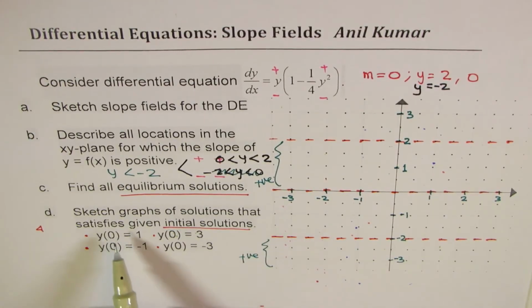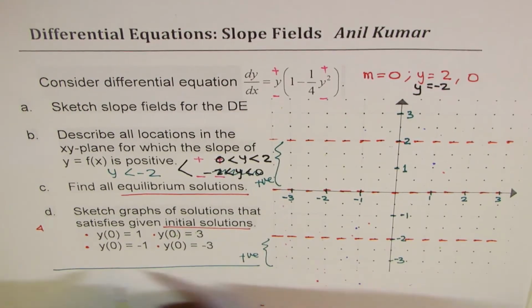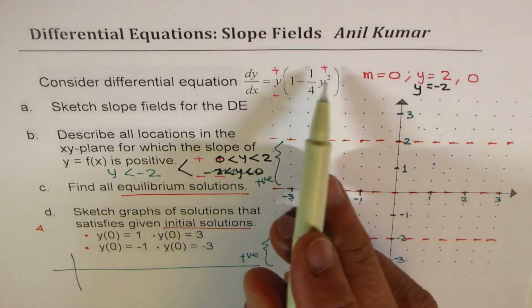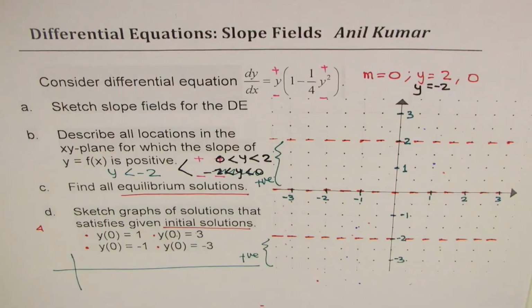That's one part. Now, let's sketch the slope fields taking different values of y, since we know that it is independent of x, correct? It is independent of x. So we'll take different values of y and then we'll write down the slope fields. Calculation is to be done based on this, correct?